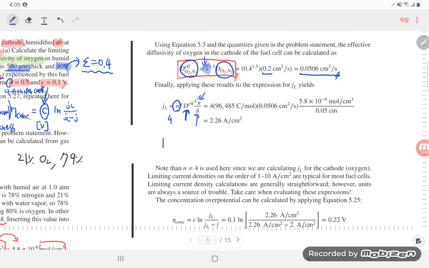One mole of oxygen gas needs 4 electrons and 4 protons to generate 2 water molecules. So here we should use N as 4.